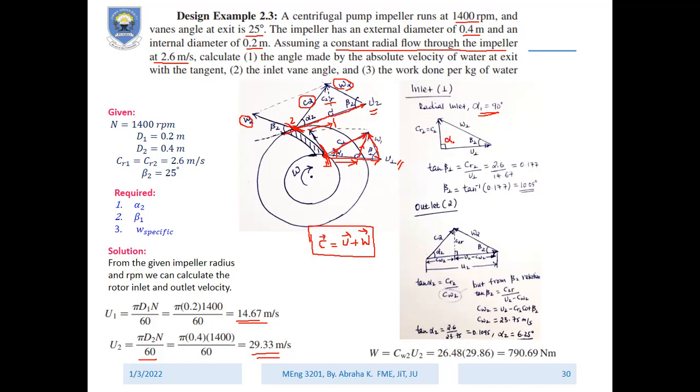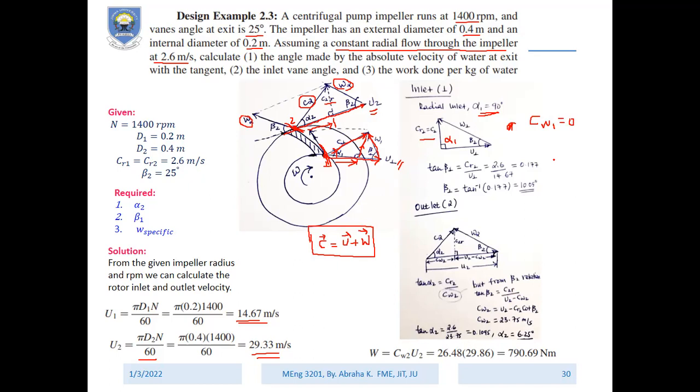This is alpha 1, and it is the same with the radial component. C1 is equal to CR1, and CW1 is now 0. We don't have a tangential component at the inlet.